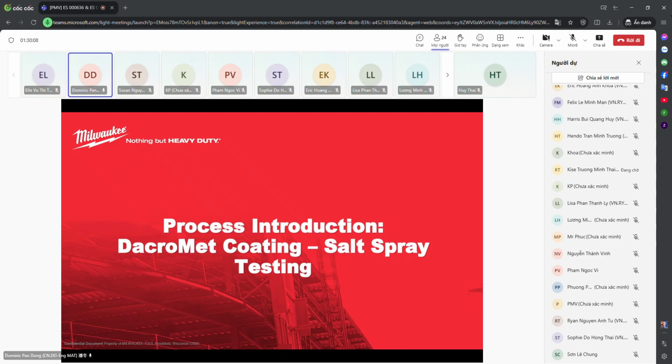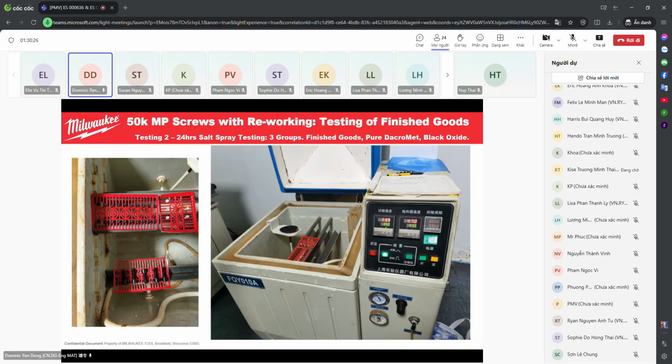All right, and for surface treatment, we need to look at salt spray testing, because I know that you have had some trouble with the argument about surface treatment and the salt spray testing performance of parts under surface treatment. This is a vivid example of us doing salt spray testing at our supplier to study the anti-rust performance of screws with dichromate coating.